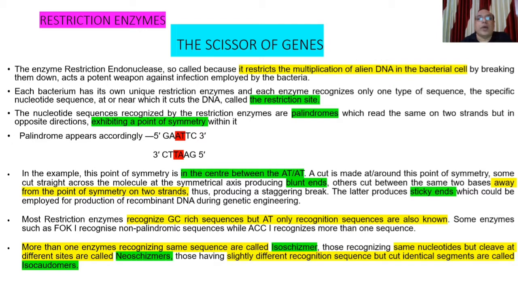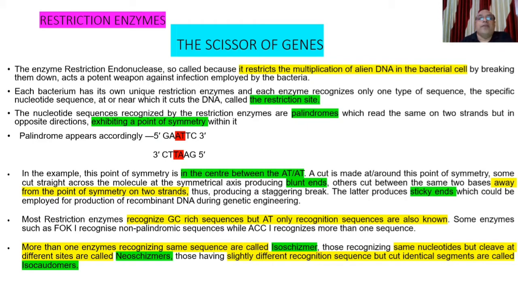Then we will have to join the DNA, then introduce that DNA into the living system and propagate it. So the first and foremost task is to cut the desired section, segment or fragment of the DNA as per our choice.